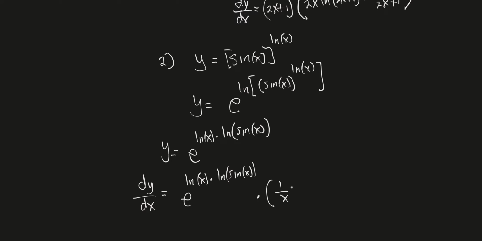So it's 1 over x times the ln of sine of x, plus the first, which is ln of x, times the derivative of the second. It's another ln, but it's also a composite. So we have to do 1 over the sine of x, and then the derivative of sine is cosine. So we have the cosine of x there, right?